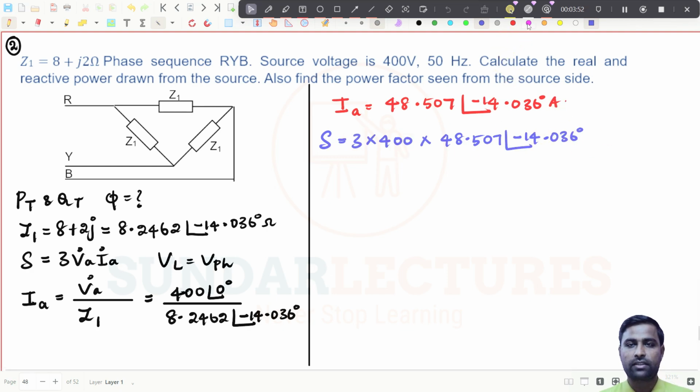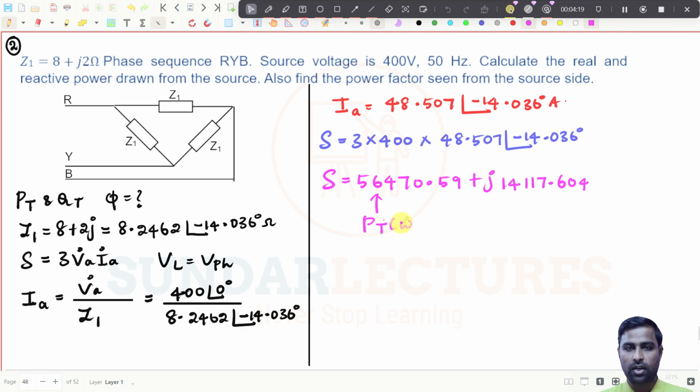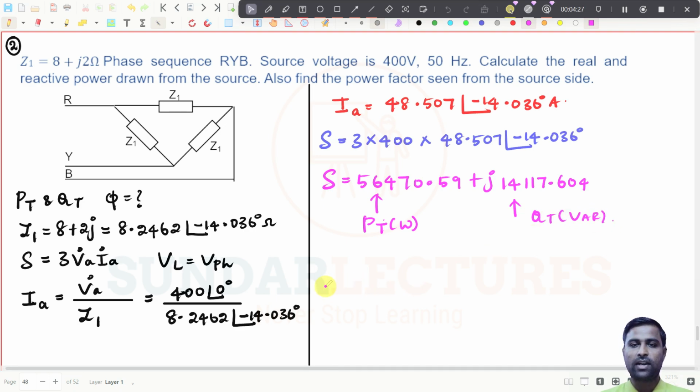If you further simplify this, S will be equal to 56470.59 plus J 14117.060604. What is this value? This is nothing but PT in watts. This is nothing but QT in VAR. Those are the two values you need to find.